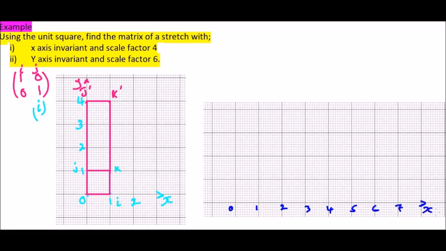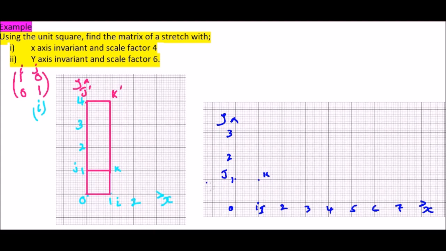That's our x-axis. Always remember to label. Here 1, 2, 3, so we have our y. Then our unit square. This will be our i, this will be our k. We have covered that in the past lessons, and this is our j.